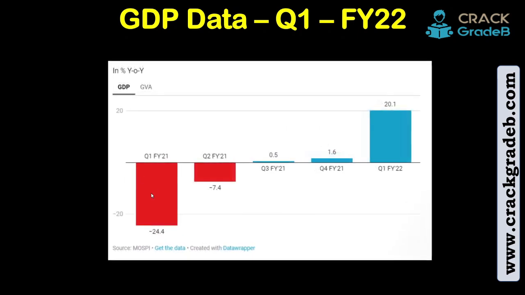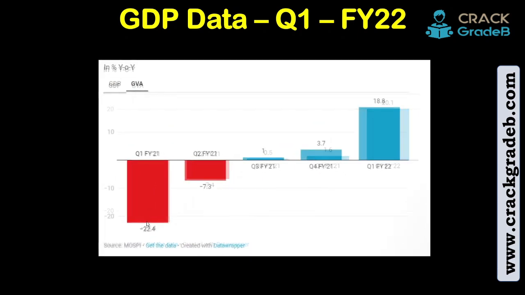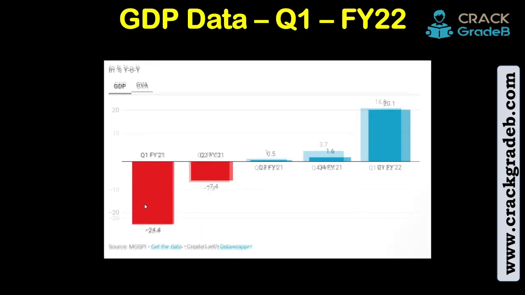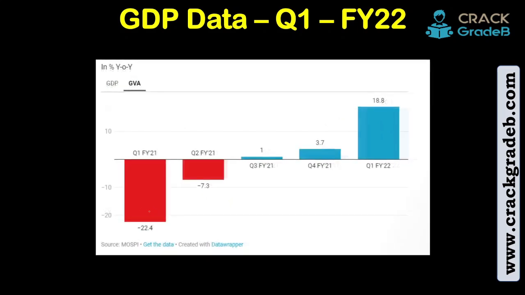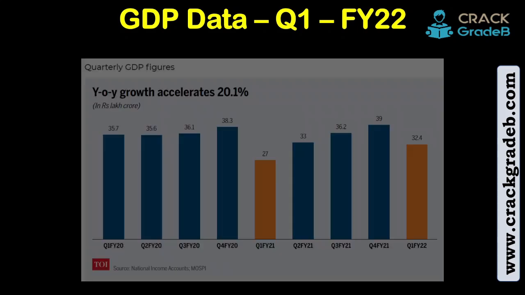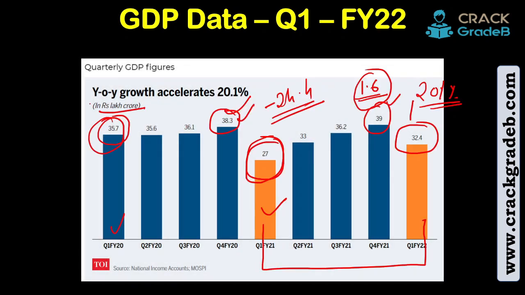Look, here it's minus 24.4%. Now minus 24.4% is too much, but in terms of value it's not too much. It's 35.7 lakh crore and 27 lakh crore, right? Now, why is there this much percentage decline? This is called base effect.